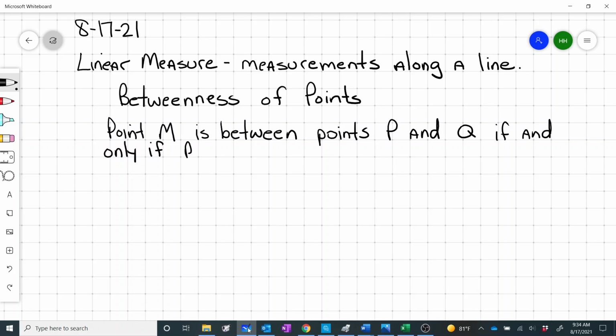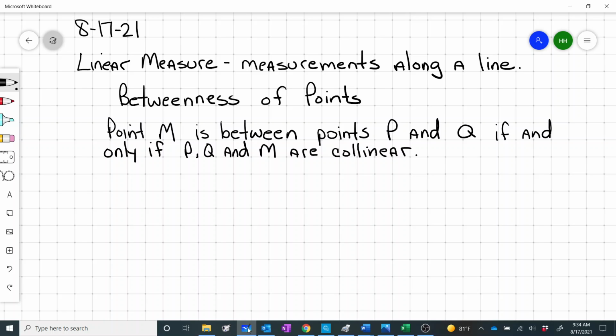P, Q, and M are collinear. Collinear was a term yesterday, I believe.